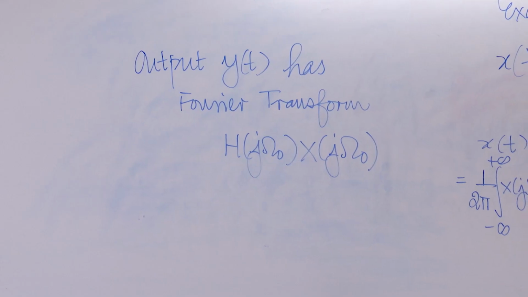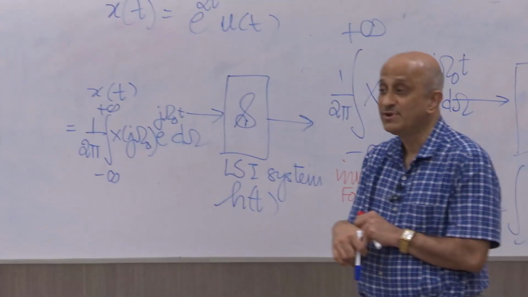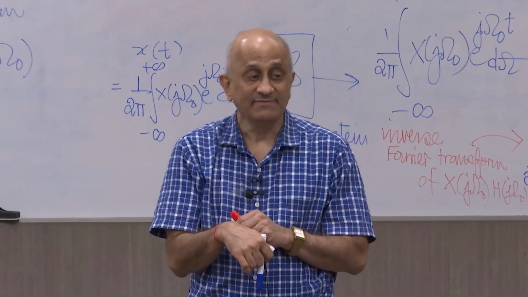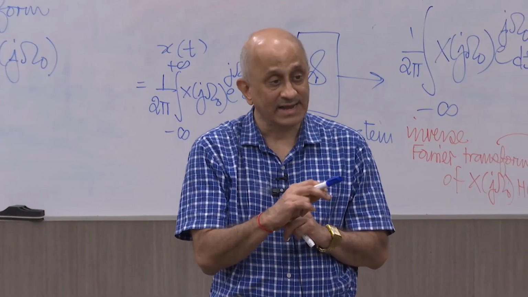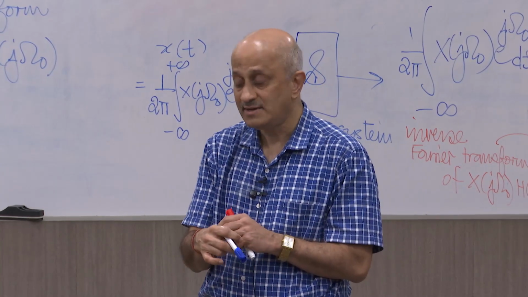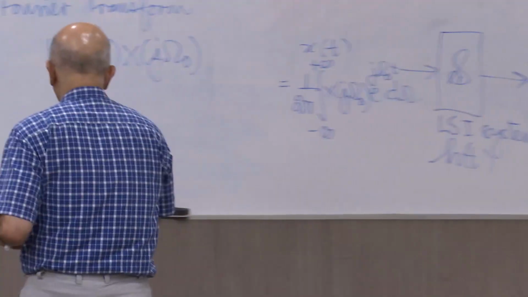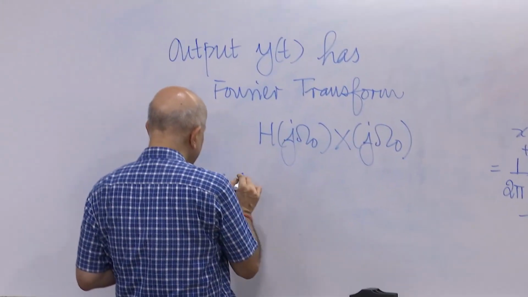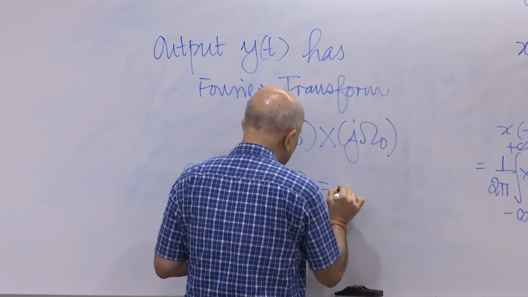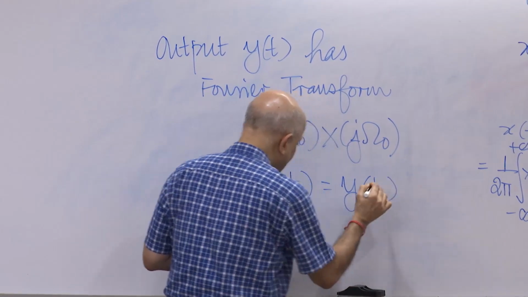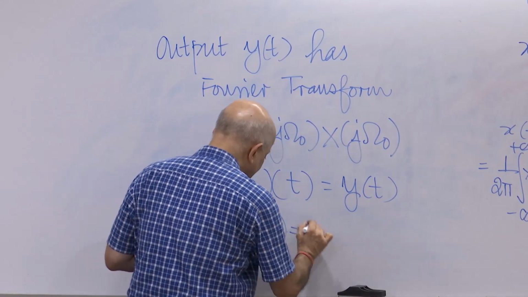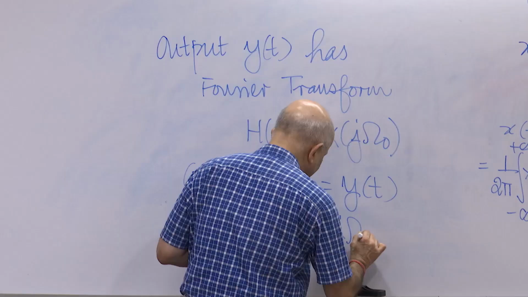When I convolve two signals, their Fourier transforms are multiplied. That is what it indicates. I have convolved x(t) with h(t) to get y(t), and Y(j omega) is equal to X(j omega) into H(j omega).